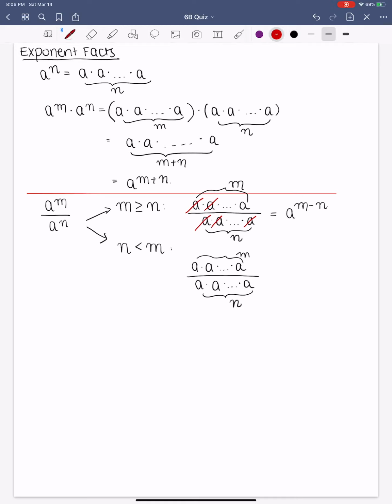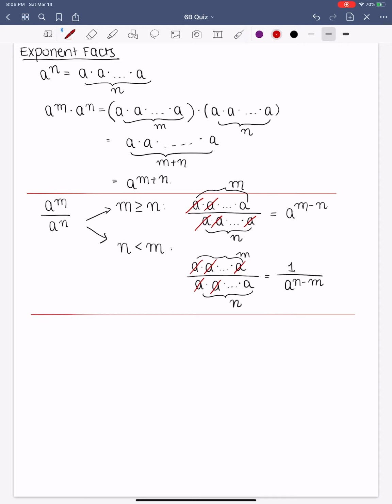We can play the game of canceling again. But because m is smaller than n, the a's on the top will finish canceling before the a's on the bottom. So in the numerator, we're just left with 1 at the end. And in the denominator now, we have a to the n minus m.